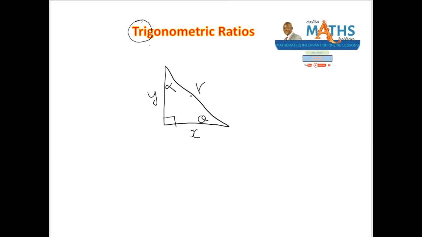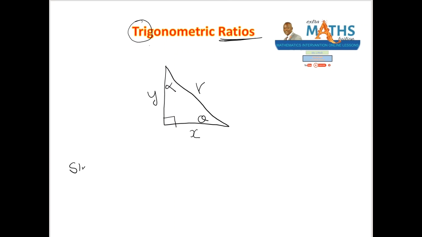If we are dealing with a right angle triangle, we need to continue with our word, which is trigonometric ratio. We need to find the ratio of all of these sides. We are dealing with three basic trigonometric ratios.